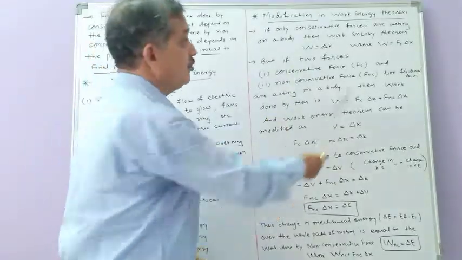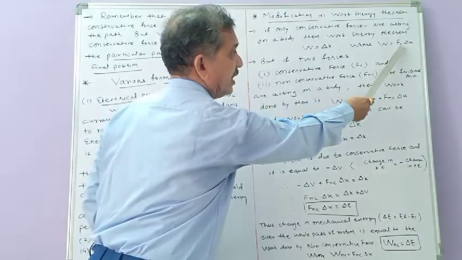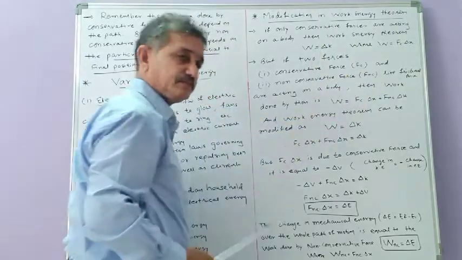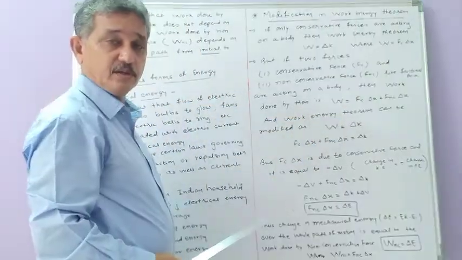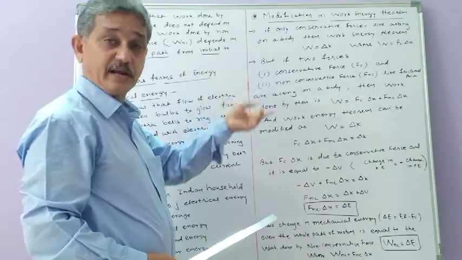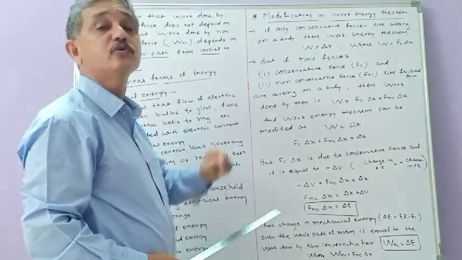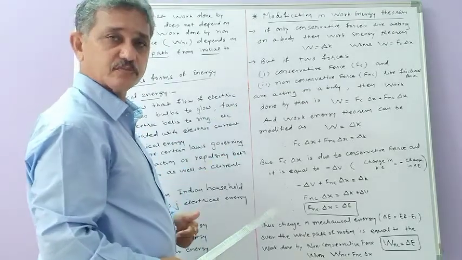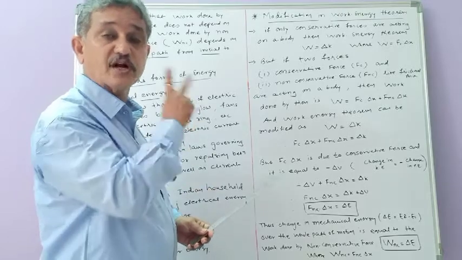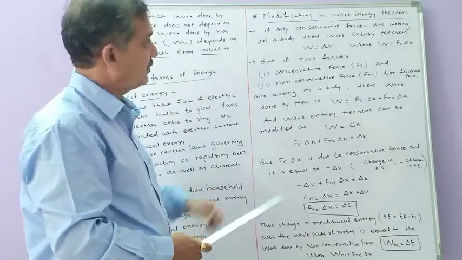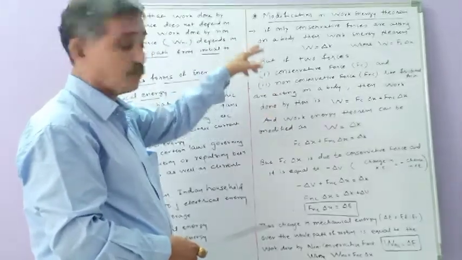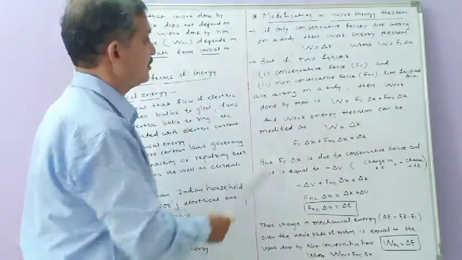So you can write W is equal to force into displacement. I put the symbol of conservative force as Fc, so Fc into delta x. But if only the conservative force is not there, but additionally non-conservative forces are also there, like frictional force, so conservative force plus non-conservative forces, when both kinds of forces are acting on a body, then you have to make a slight modification in the statement of work energy theorem.